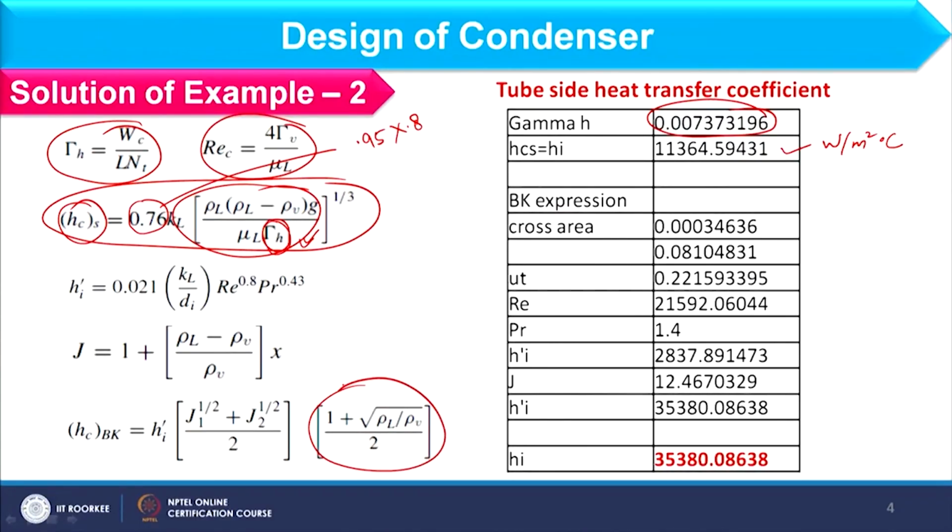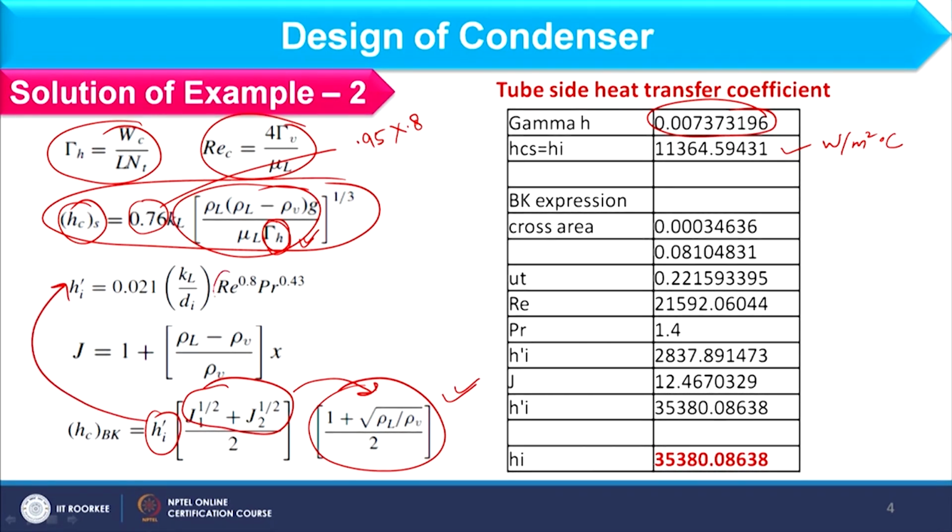Okay, and if you remember here, vapor is entering at saturated condition, so X value should be 1, and complete condensation is occurring at the end, so X value will be 0. So, for that we have combination of J1 and J2, which is given like this. Okay. This is the J1 and J2 combination. It means it is basically this value. Fine, and Hi dash you can find out using this expression.